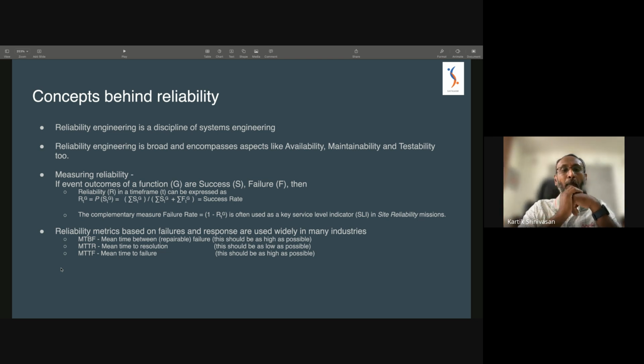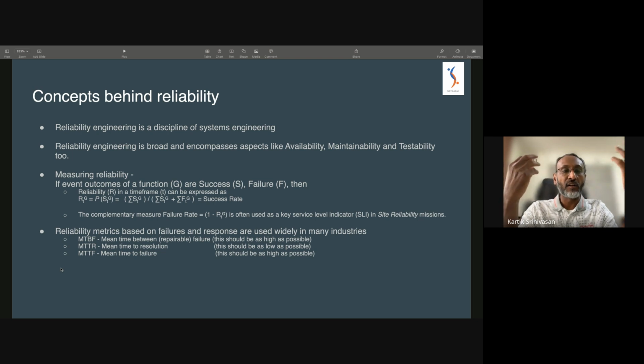Now, the complementary rate, like I said, is what is called the failure rate. And many a time in modern reliability engineering work around software, and there is a completely new name to it called SRE, it is software reliability engineering or system reliability engineering.